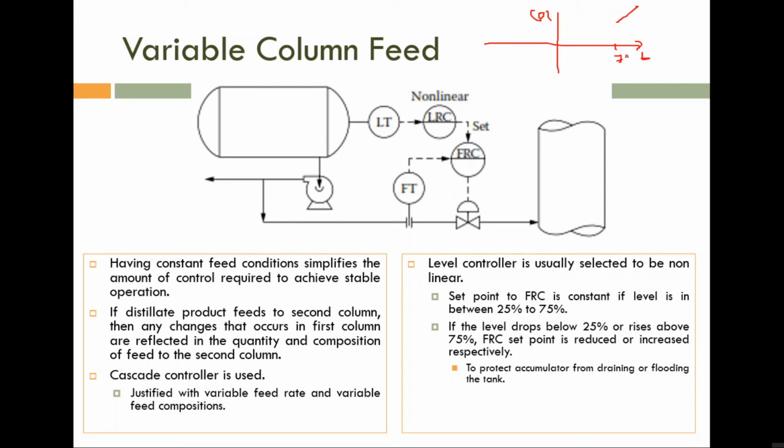If it is less than 25%, the control output is decreased. Is it okay? So from this controller's point of view, the output of this controller is CO1. The input of this controller is level. So the picture shown is a steady state input output characteristic of the controller, this controller LRC. And you can see that this one is not linear from the steady state point of view. This is non-linear. So please note LRC is a non-linear controller. Is it okay?